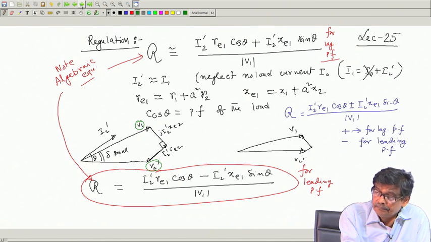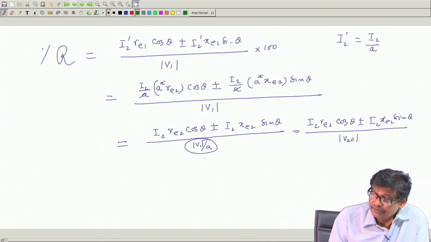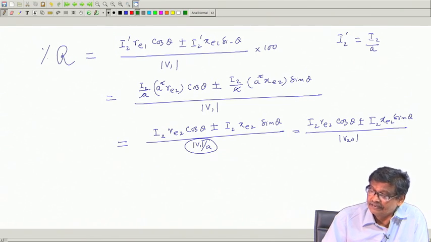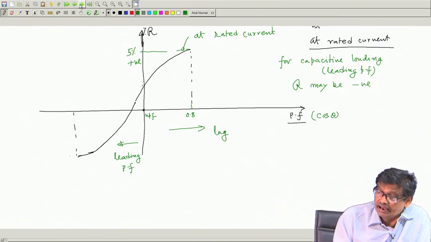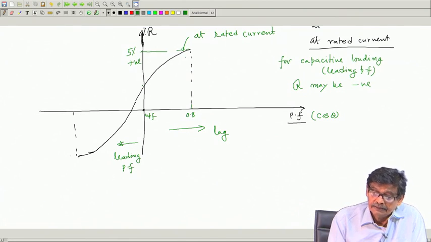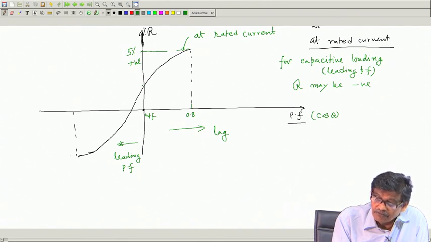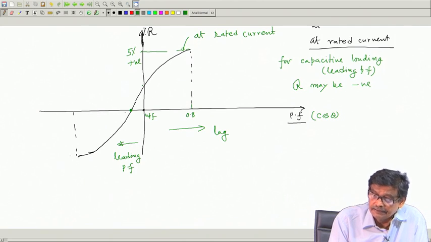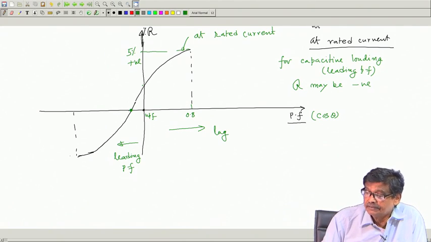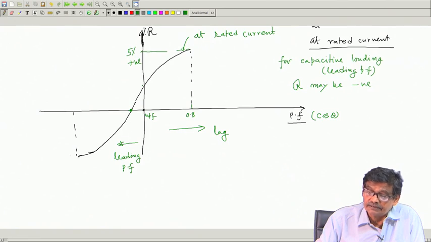And if you see this expression and this curve, there may be some power factor you will be able to predict.